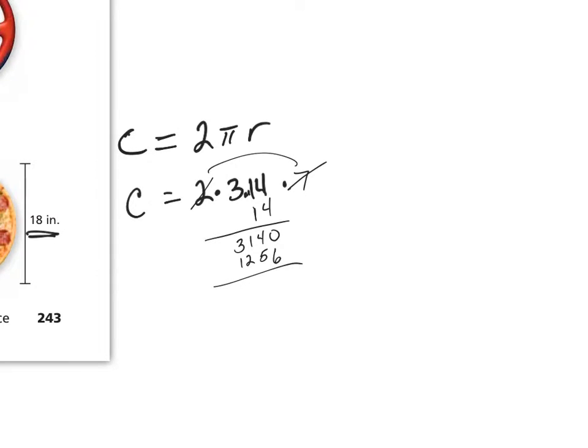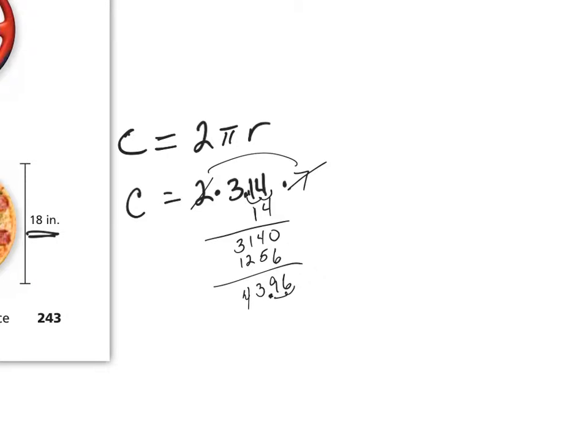Add it. Sorry, I did it backwards on you guys. There we go. 6 plus 0 is 6. 5 and 4 is 9. 2 and 1 is 3, and 3 and 1 is 4. I've got 2 decimals here, so I come back over to put my decimal right there.